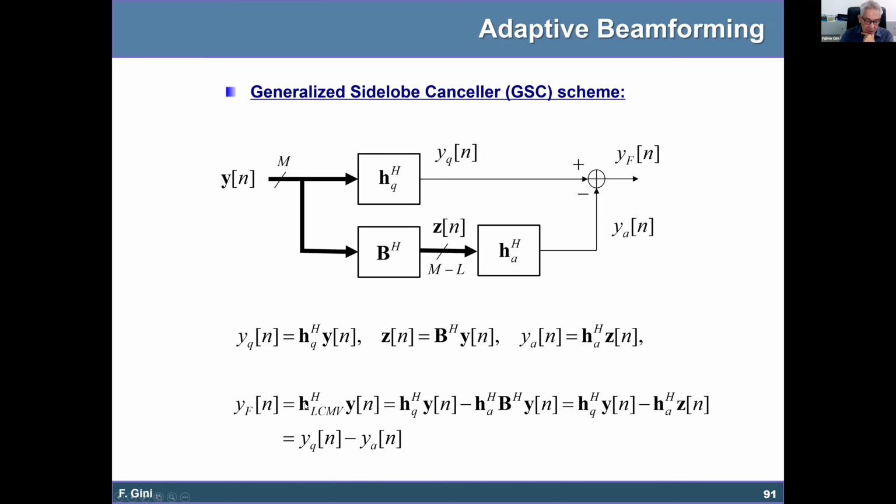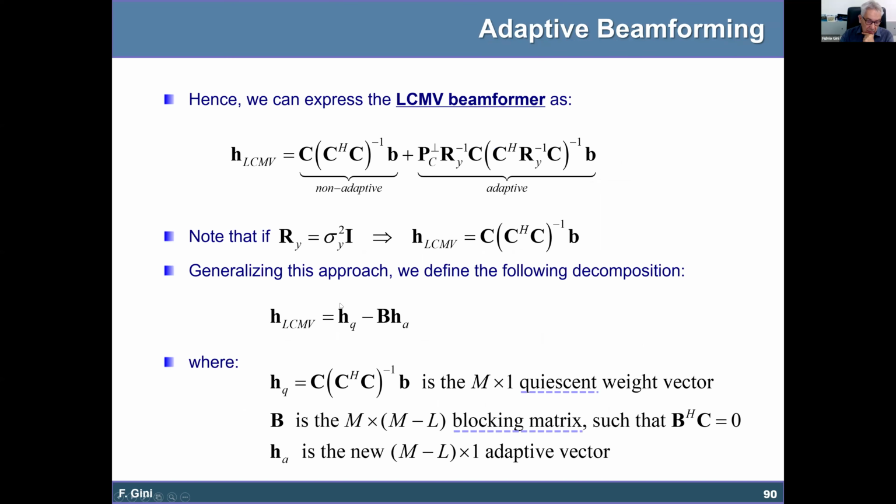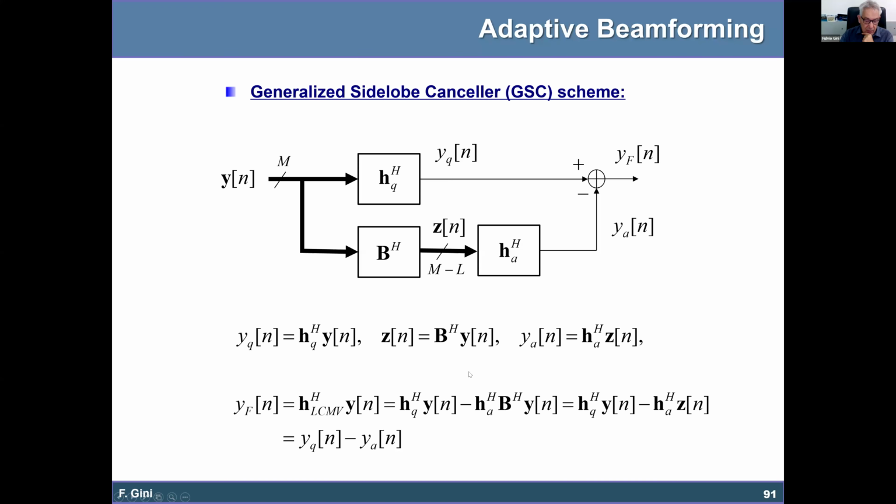So we calculate the Hermitian of H, and we multiply by Y. So we have HQ Hermitian Y minus HA Hermitian B Hermitian Y. So this is what is reported here. So in other words, we take Y, we multiply by this, and we get the output.